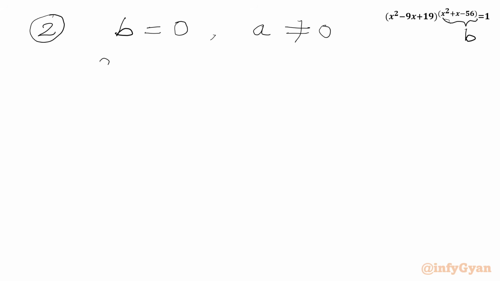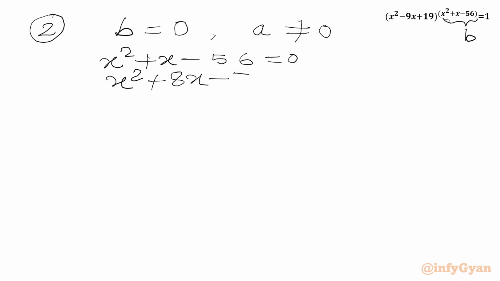So we'll write x square plus x minus 56 equal to 0. Now we will factorize this quadratic equation once again. So we can write x square as 8x minus 7x minus 56 equal to 0.